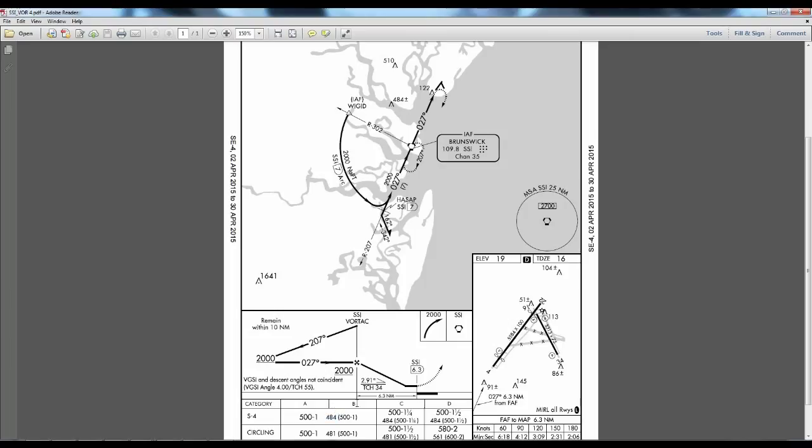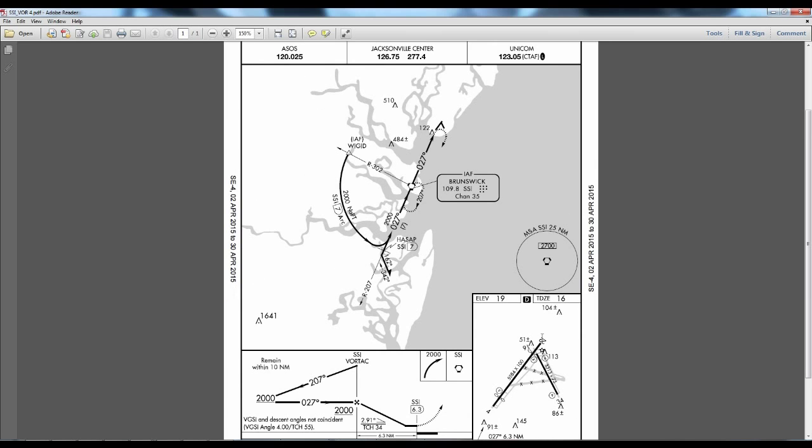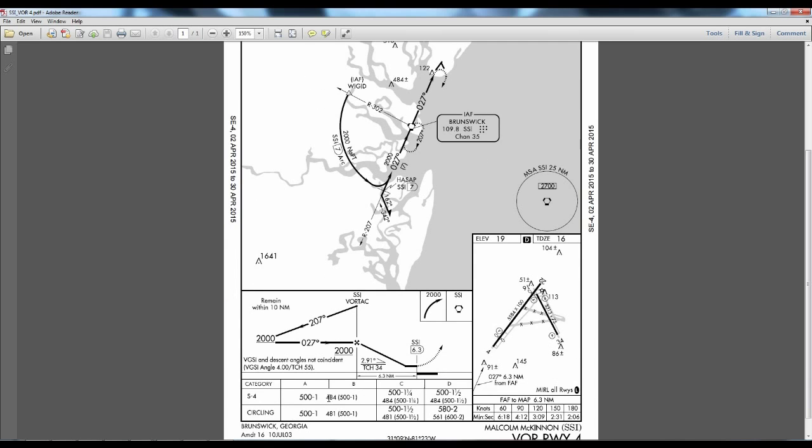Instead of converting that to MSL, let's say the ceilings were overcast at 400, is what ASOS was telling us. Well, what do you know? When we're at minimums of 500 feet MSL, we're going to be 484 feet above the ground, which would put us in that cloud deck. That means, you guessed it, we may not be able to see the runway. Even though the visibility is above this, it's possible we may not be able to see the runway because we're still going to be in the cloud deck.